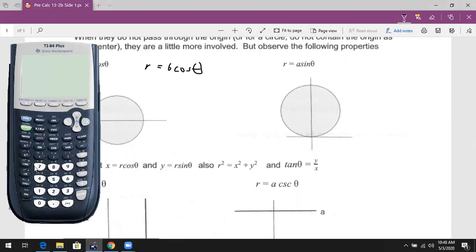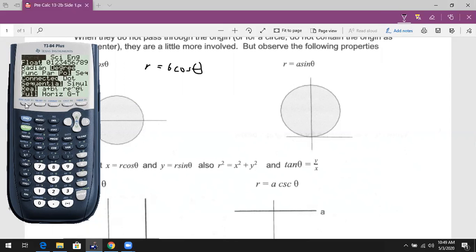Now, to do this, you're going to want to change your format to polar graphing coordinates. Make sure your mode is in degree mode and you are in polar graphing.